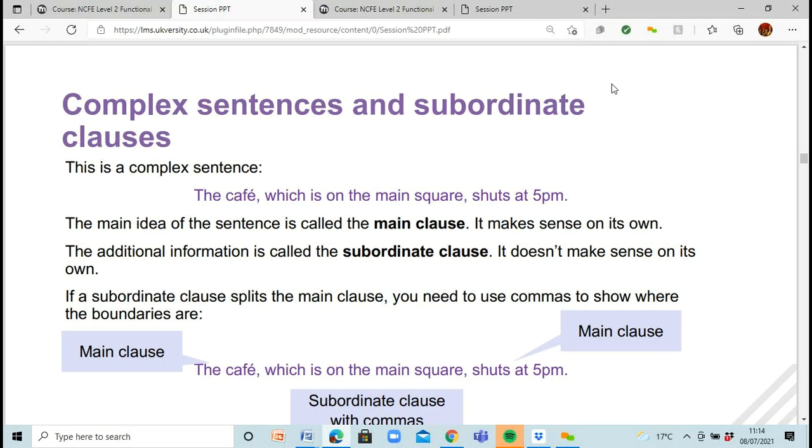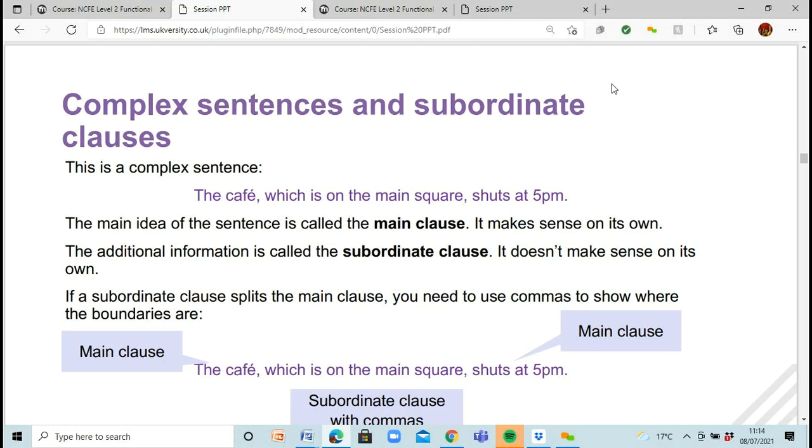So if that sentence makes sense on its own, then it's a main clause. Then we've got the additional information. So in this case, it is which is on the main square. So if I came to you and I said, Ben, which is on the main square, it wouldn't make sense to you, would it? But if I said to you, Lydia, the cafe shuts at 5 p.m., that makes sense.